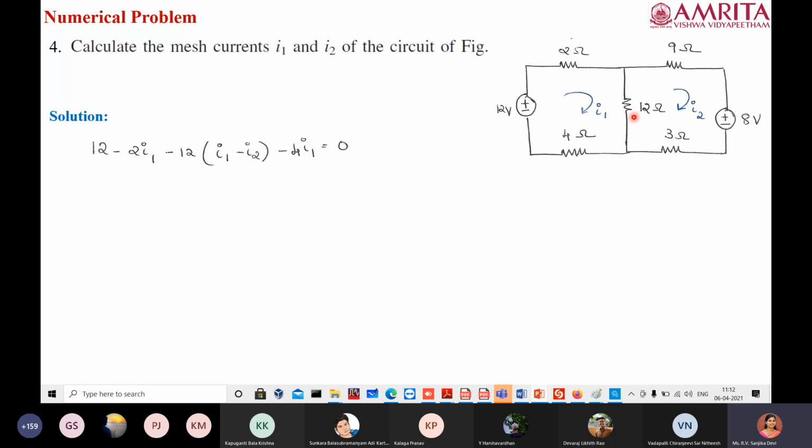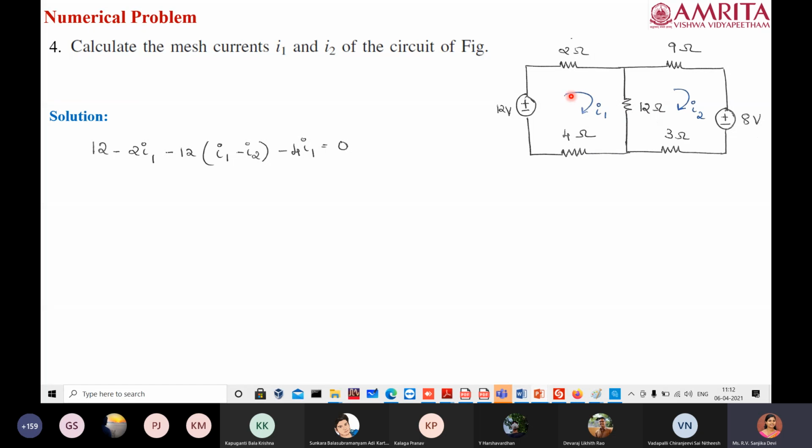Okay, and now coming to the third element, which is 12 ohm, you can see that this 12 ohm is between two loops. It is common between two loops. So both the currents I1 and I2 will flow. But if you see the direction of currents, I1 and I2 are flowing in the opposite direction across this 12 ohm. So the net current through this 12 ohm will be the difference between I1 and I2. The total current flowing through this 12 ohm is I1 minus I2.